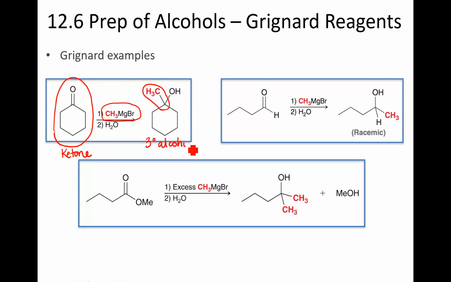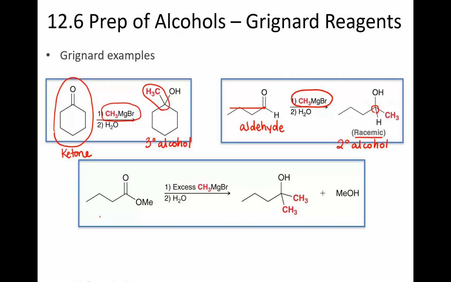And this is an example of an aldehyde being reacted with the same Grignard, in this case methyl magnesium bromide, and the product is a secondary alcohol. Notice that we did form a stereocenter, and it mentions that a racemic product is produced because there's no preference for the Grignard reagent to attack the planar sp2 hybridized carbon from the top or the back face. So it'll do both in equal amounts, producing a racemic mixture.